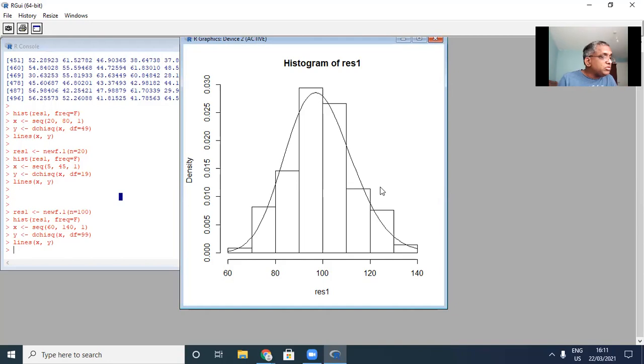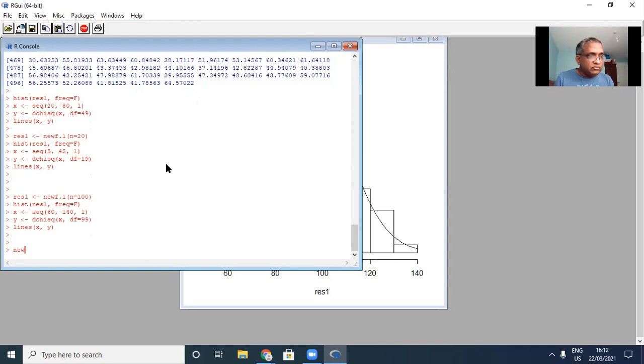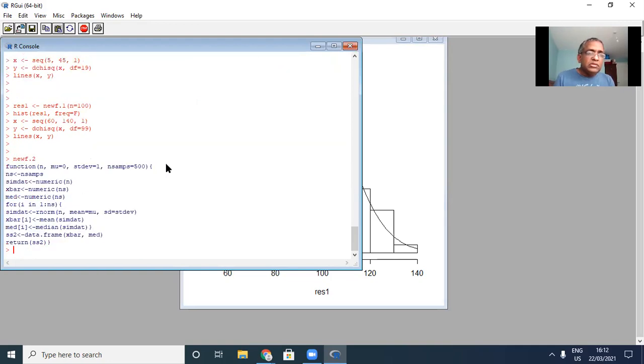Now, to do this, I'm going to use the following function. There's a function called new f dot 2. What this function does is it computes the sample mean and the sample median.